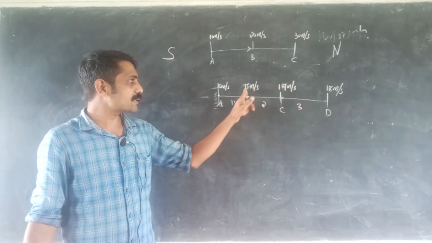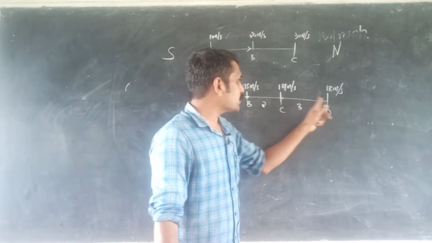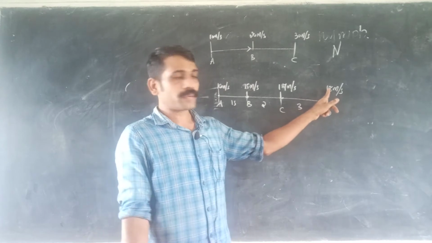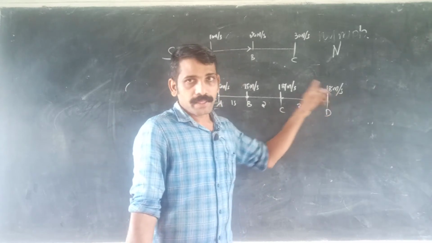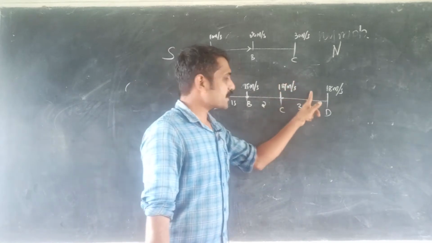So the velocity is not changing at a uniform rate, it is changing at a variable rate. When the object moves from C to D, velocity changes by 1, from 17 to 18.